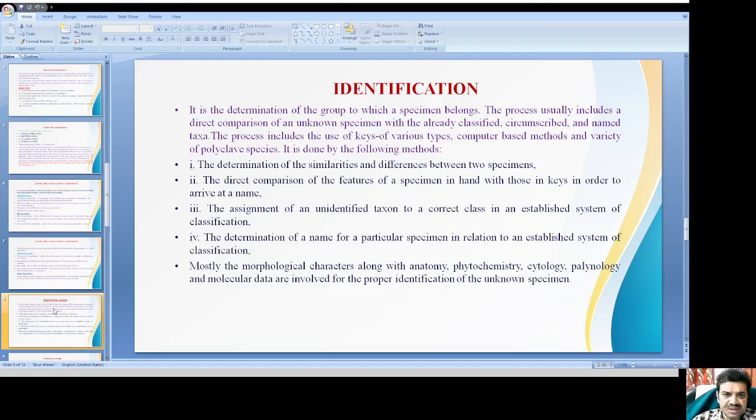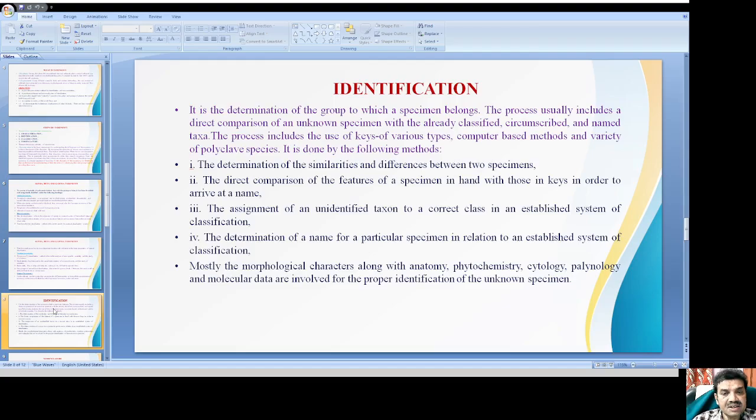First, the similarities and differences between the 2 specimens, or a number of specimens taken into account during these taxonomic studies, followed by the direct comparison of the features of the specimen in hand with keys, in order to assign the unidentified taxon to a correct class in an established system of classification, and followed by the determination of the name of a particular specimen related to an established system of classification.